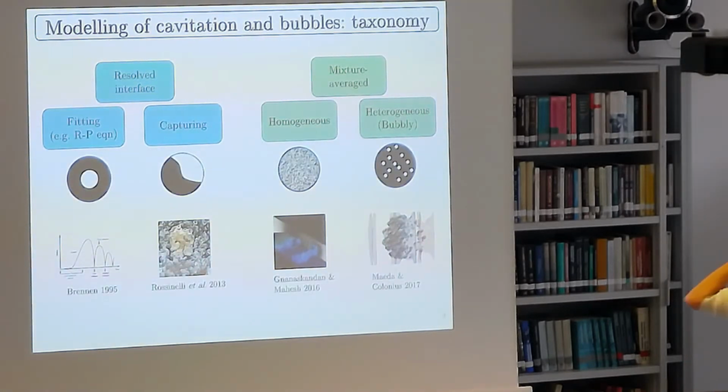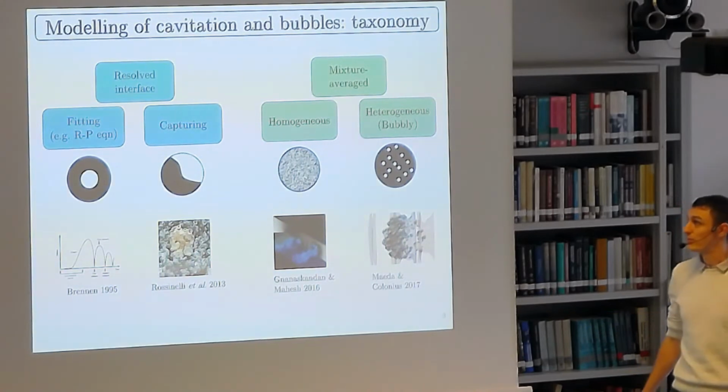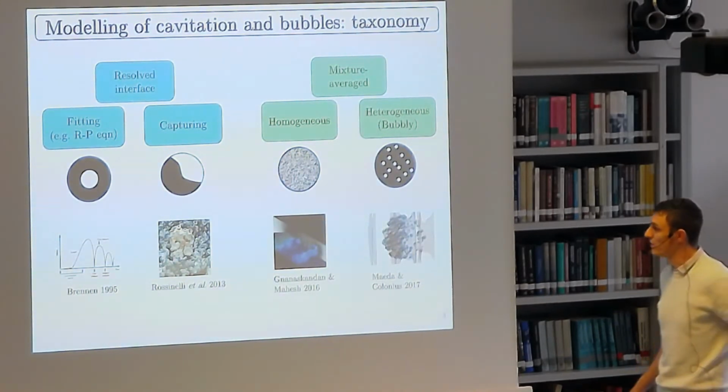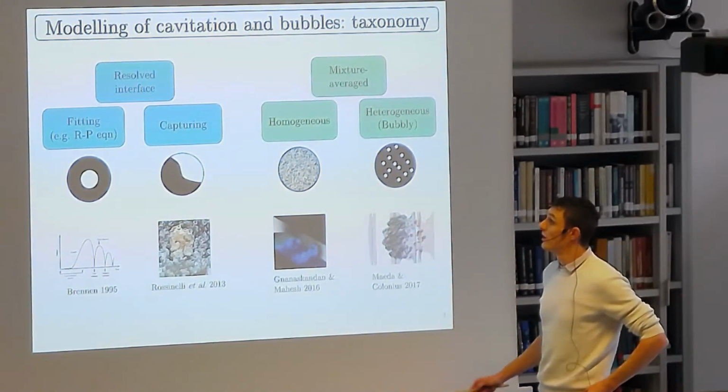But before that, I wanted to bring a little bit of a taxonomy about the modeling of multiphase flows, but more or less here in the context of cavitation and bubbles. If we look here, we can see that there are different approaches.